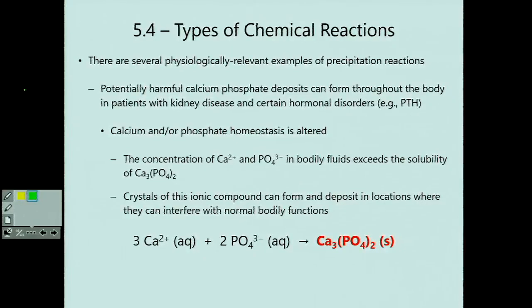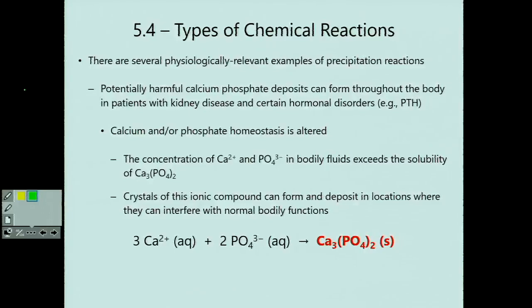So in your bodily fluids, calcium and phosphate have to be very well controlled to avoid an increase in calcium or phosphate, or a combination of the two, because the moment there's too much calcium or too much phosphate, or they both go up, suddenly you start getting calcium phosphate deposits in places where they shouldn't be. And what is the consequence of this? You can block blood vessels, which can lead to ischemia and death of the tissue. You can have strokes, heart attacks, all kinds of problems.